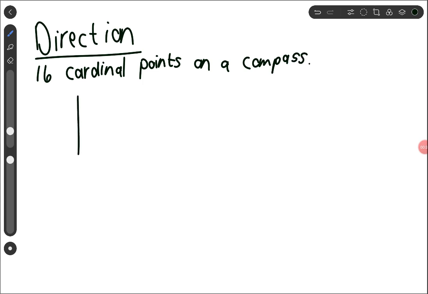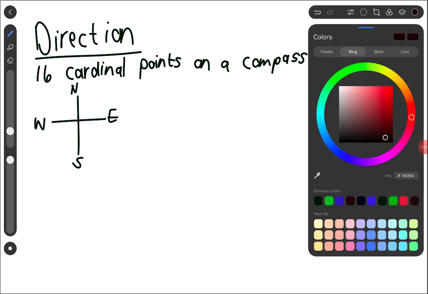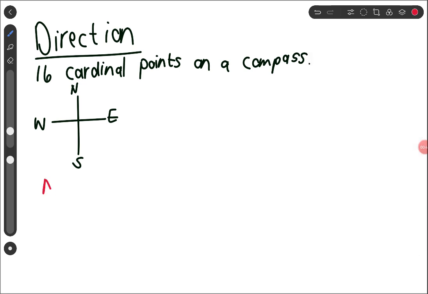Now we all know the four main directions as north, east, south and west.